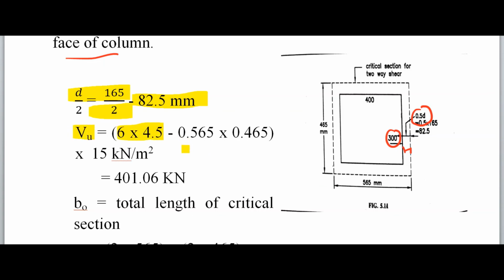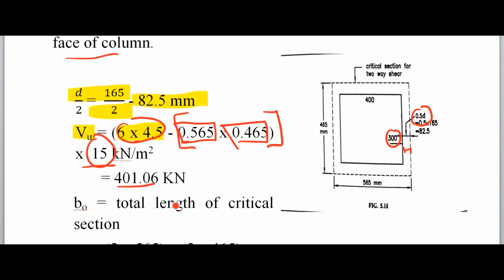So Vu is equal to 6 into 4.5, which is the dimension of the interior panel, minus 0.565 into 0.465. What is this? It is the internal dimension, and these are the column dimensions, which will be subtracted, multiplied by 50 kilonewton load.